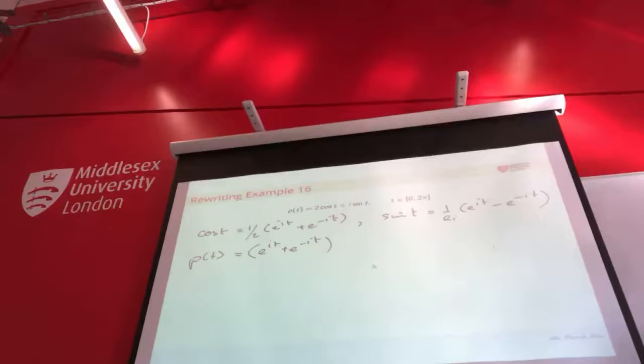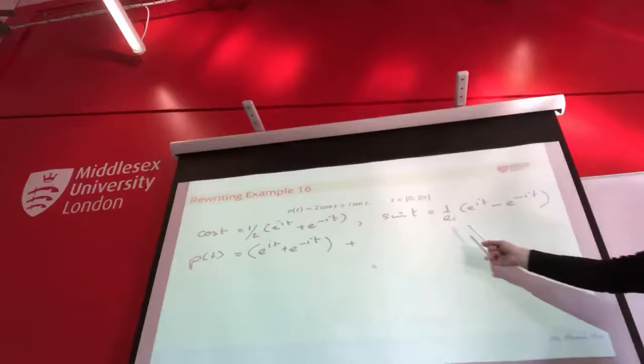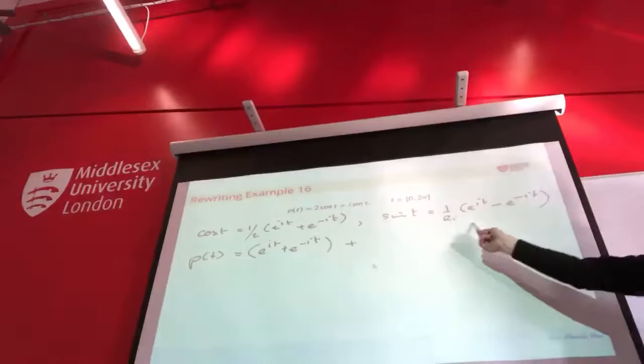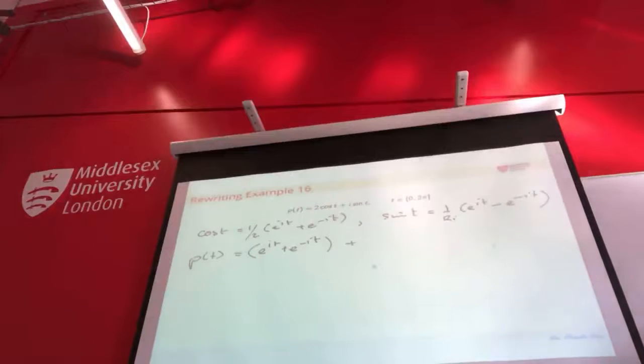And then i sine t, because this i is going to disappear now. If you look at sine t here, if I multiply by i on the left, that i is going to cancel out, and you get 1/2 (e to the it minus e to the minus it). And then if you add these together, you've got 3/2 e to the it, what will be left over, plus 1/2 e to the minus it.